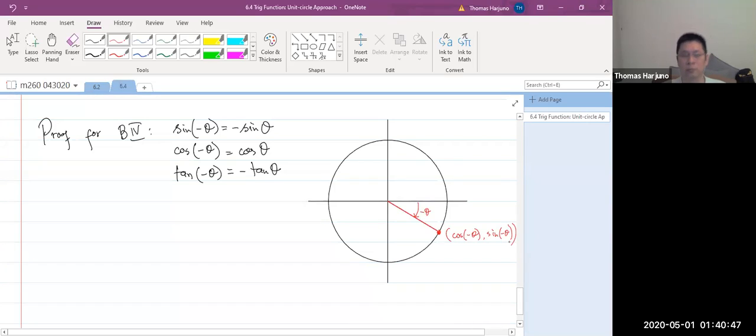Are you with me? Now compare that with the angle but positive. This is angle theta. The coordinate will be cosine theta, sine theta.